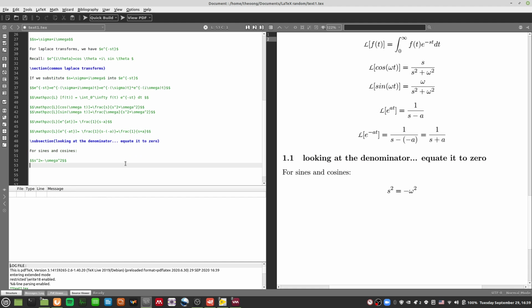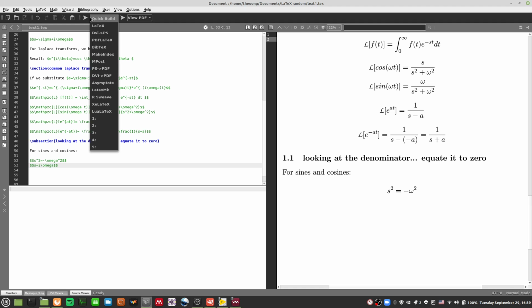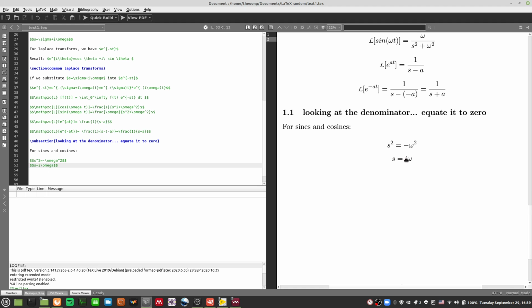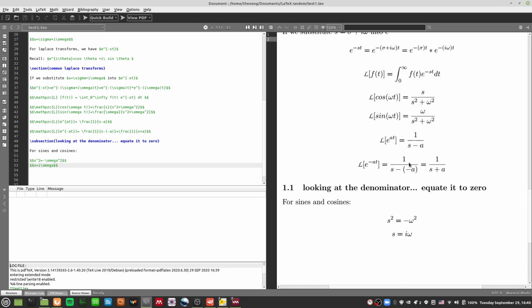And what do you have? If you solve this equation, s becomes i omega. So s equals i omega. Look at it, this is interesting. Where does this i actually pop up? If you have e to the power of s, in this case e to the power of minus i omega t, for example, you will get back your sines and cosines.